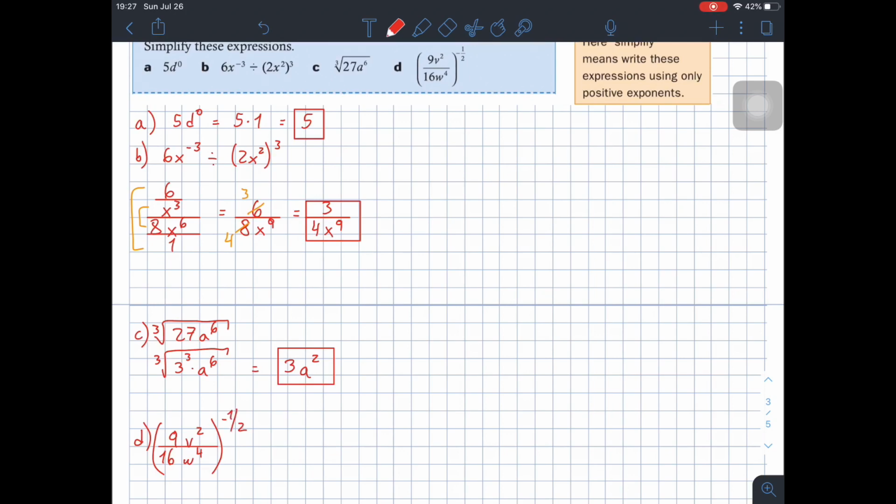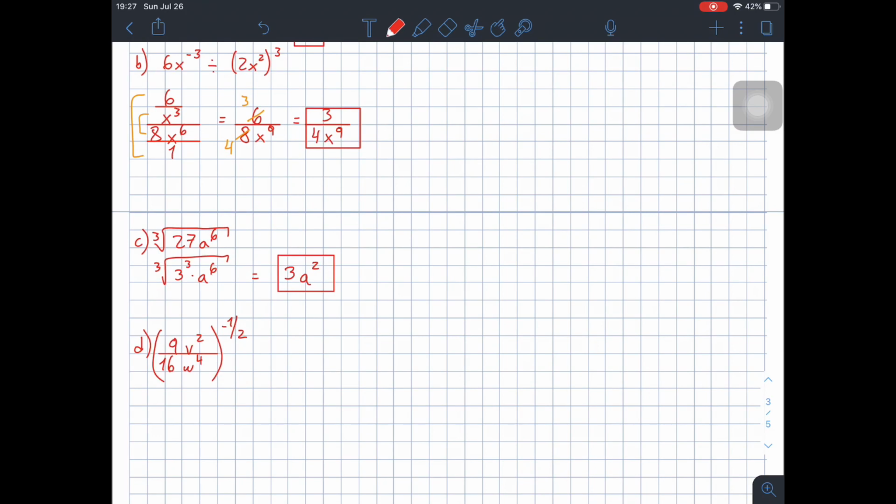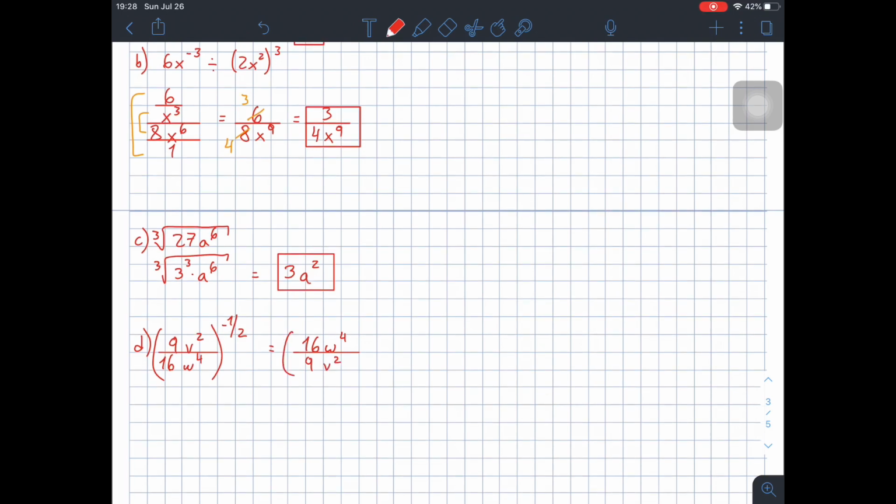Okay, so the first thing I see we can do is, since this has a negative sign, I can change the order of this and say that this is the same as 16w^4 divided by 9v squared, and this is all to the power of positive 1/2, right? Because I flipped the numerator and denominator.